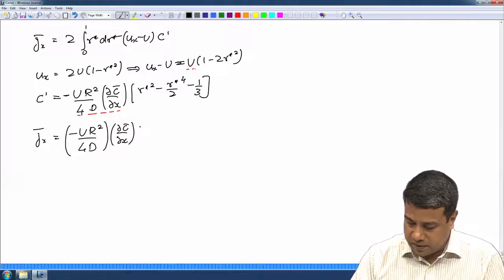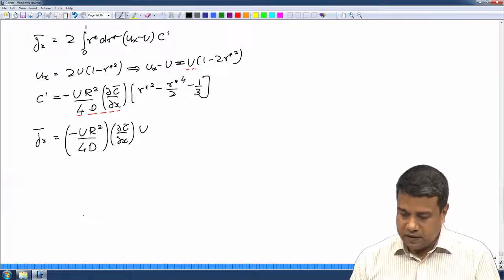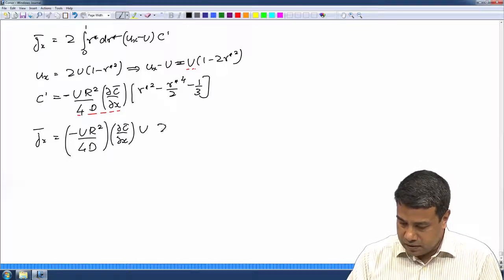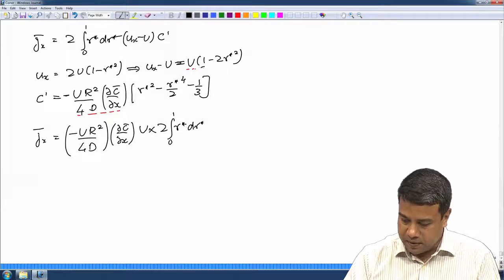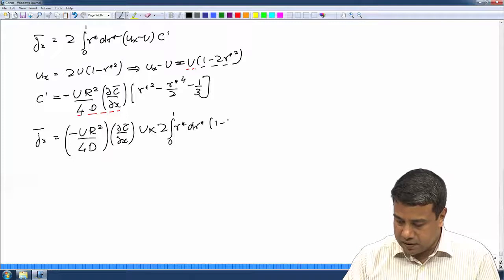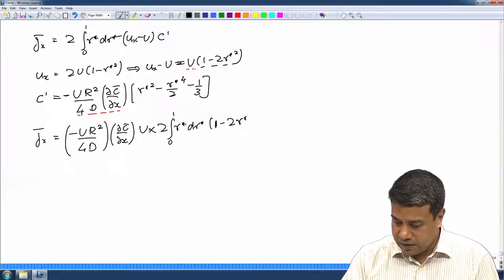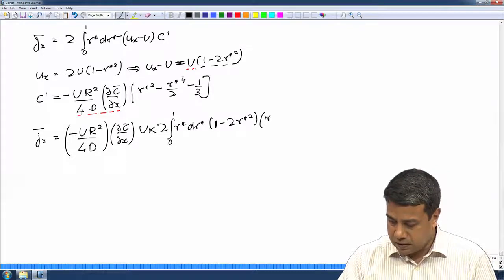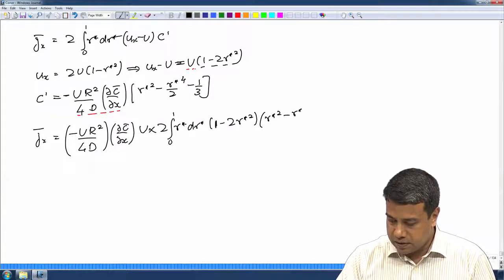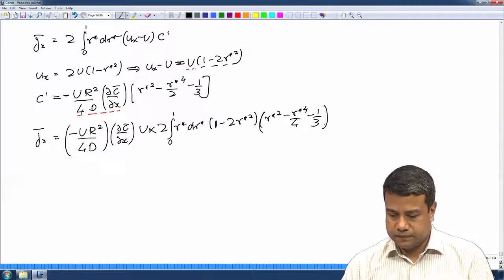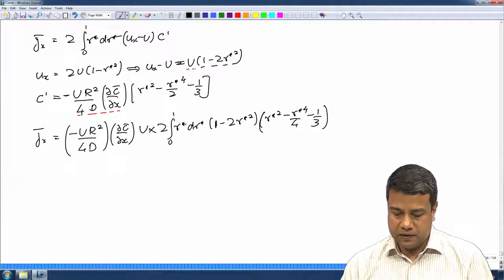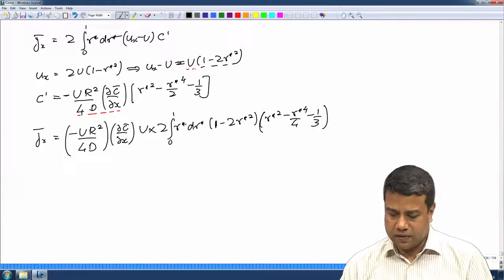So I have to multiply that by u, and then I have the radially dependent terms: 2 integral 0 to 1 r dr, times the radial part of the velocity 1 minus 2 r square, into r square minus r power 4 by 4 minus 1 by 3. So, this integral has to be carried out. It is slightly complicated, but not too complicated.